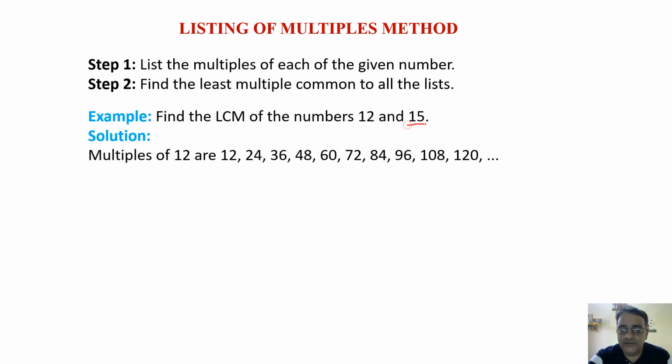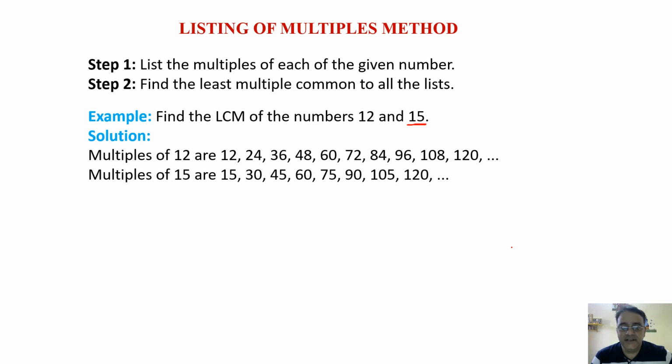Similarly, multiples of 15. 15, 30, 45, 60, 75, 90, 105, 120, 135, and so on. Okay, very good. ठीक है. Now हमने लिस्ट लिख ली है, multiples of 12 also and 15 also. Now we have to find out the common multiples.